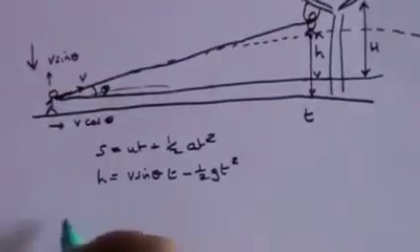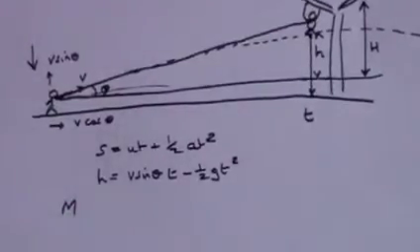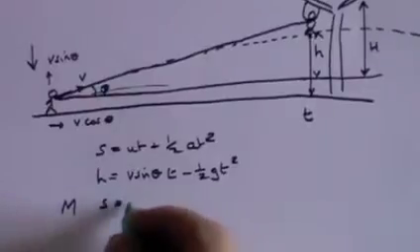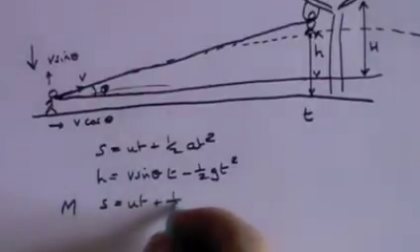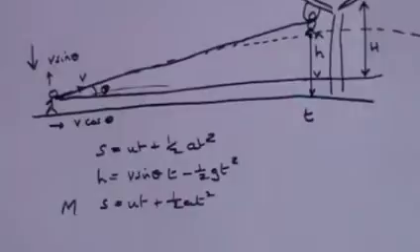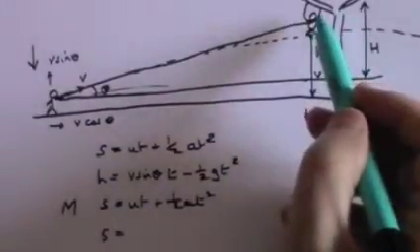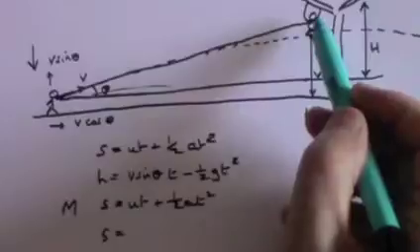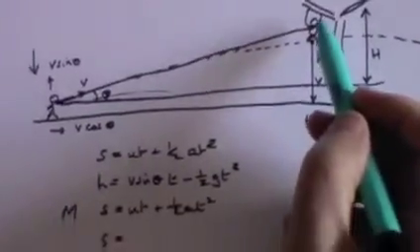Now, what about the monkey? Well, we can use exactly the same formula. Distance is equal to ut plus half at squared. We want to know how far the monkey is falling. Well, u is 0 here because the monkey simply lets go of the branch. He has no initial velocity at all.